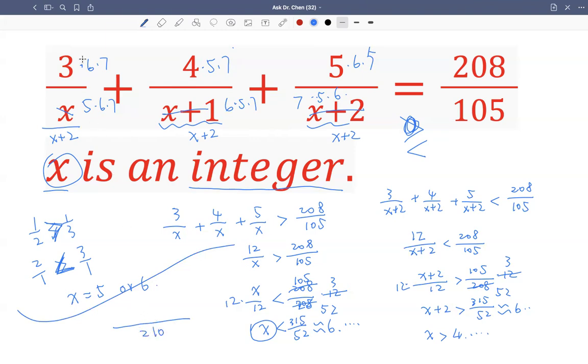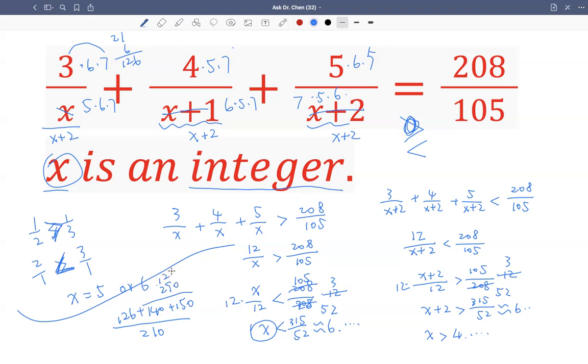Now the numerator: I have 3 times 7, 21. 21 times 6, that's 126. Plus 4 times 7, 28. 28 times 5, that's 140. Plus 5 times 6, 30. 30 times 5, 150. Add those two, 290.